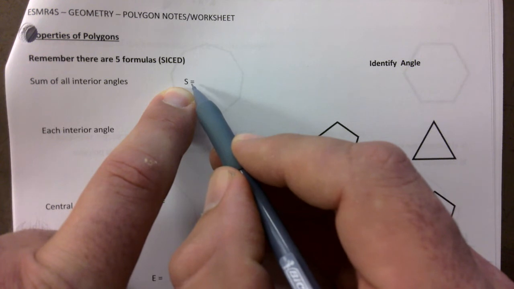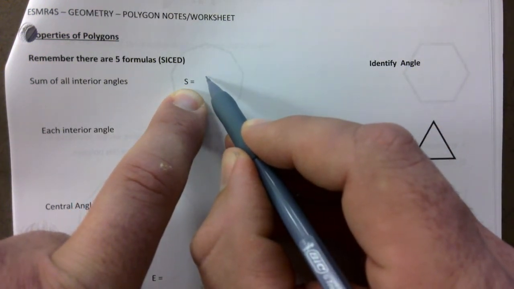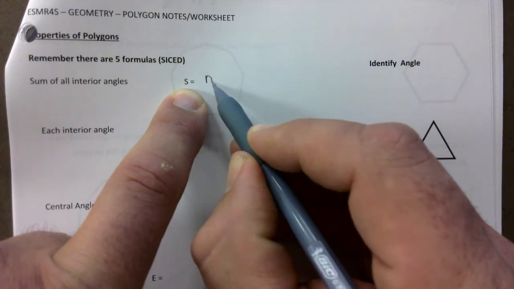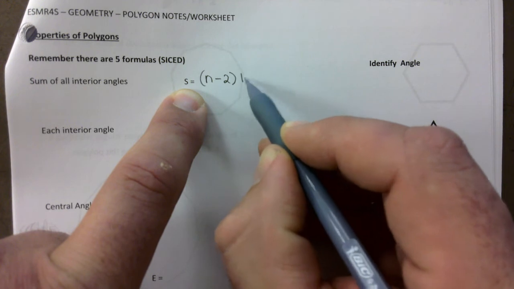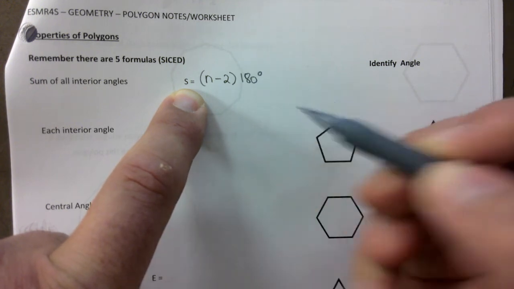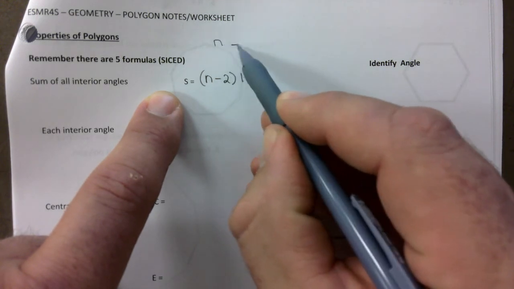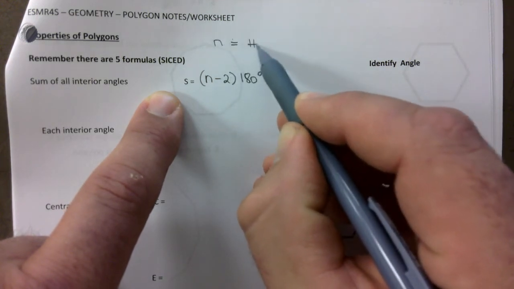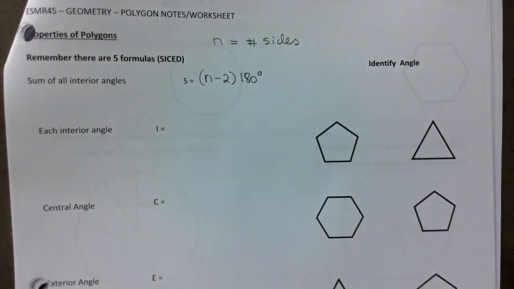S is going to be n minus 2 times 180 degrees. And remember, n is equal to the number of sides. Just make sure you understand that.